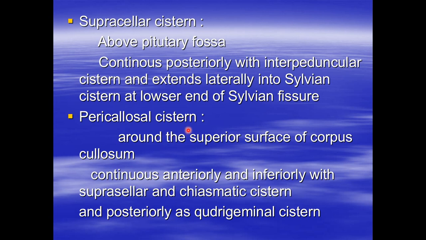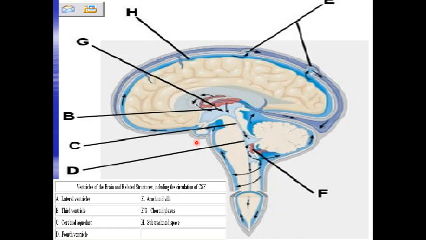Also, there is another cistern called the pericallosal cistern, which is located around the superior surface of the corpus callosum. Anteriorly and inferiorly it continues with the suprasellar cistern and the chiasmatic cistern, and posteriorly it is connected with the quadrigeminal cistern.